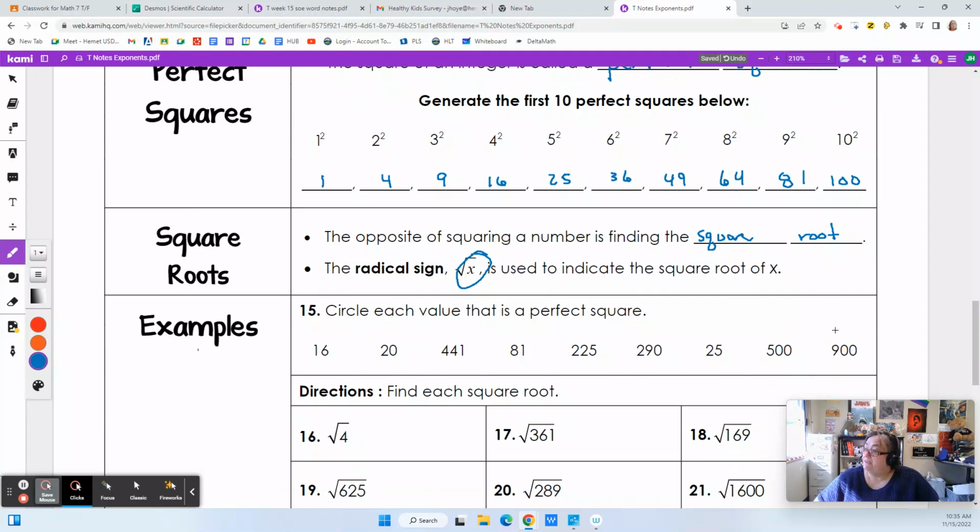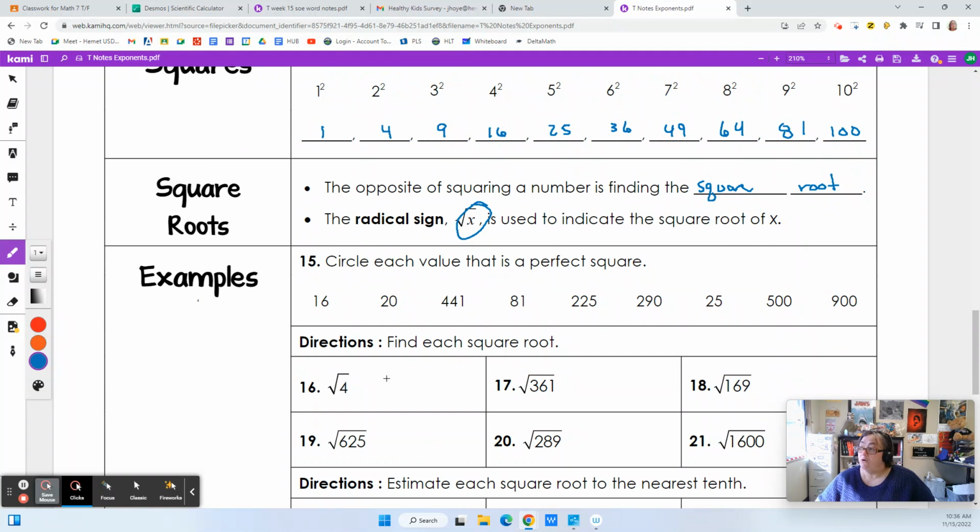So when I look at a radical, I'm going, okay, well, what number multiplied by itself equals that number? So it helps to know what our perfect squares are.